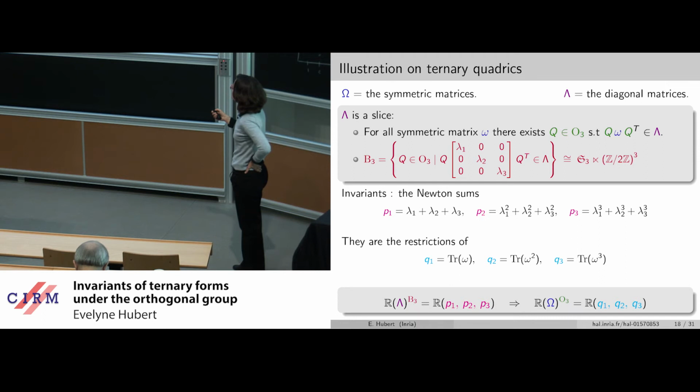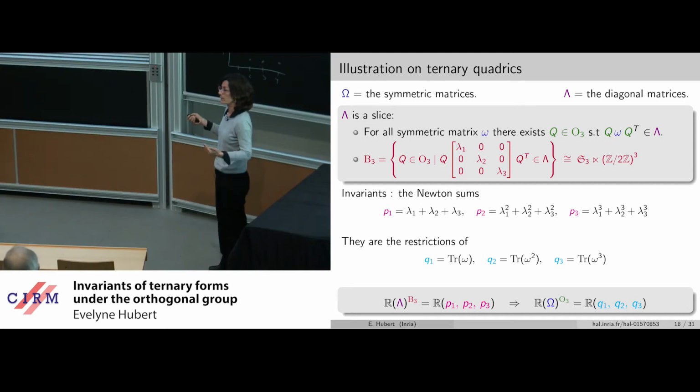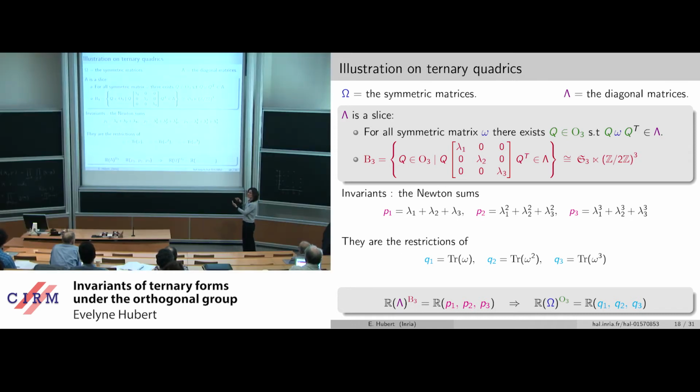So the invariance of the small group on the diagonal matrices: the sign changes don't act, so you just have this permutation group. So the invariants, you can take the symmetric functions, but you can also take the Newton sums. Here they are, the sums of the powers of lambdas. And the slice lemma tells you that they are in one-to-one correspondence with invariants of O3 acting on symmetric matrices.